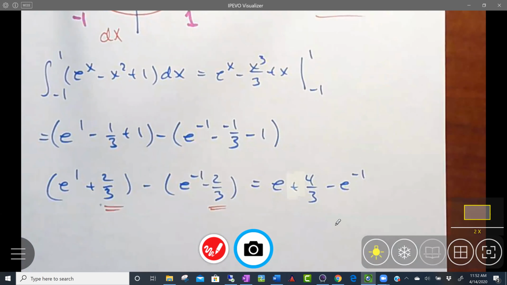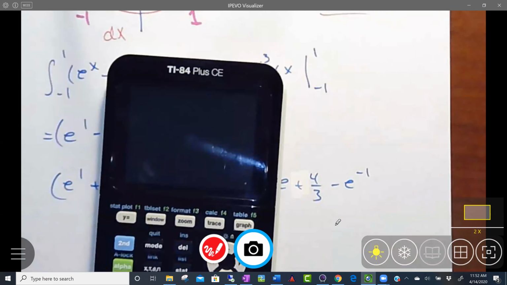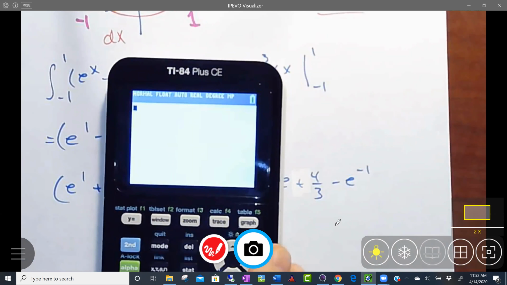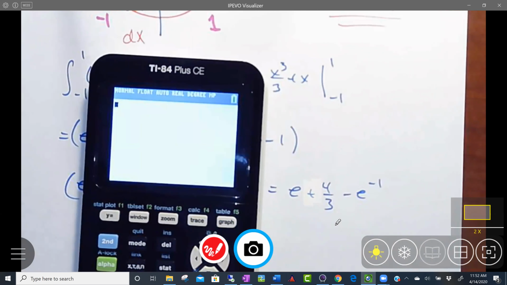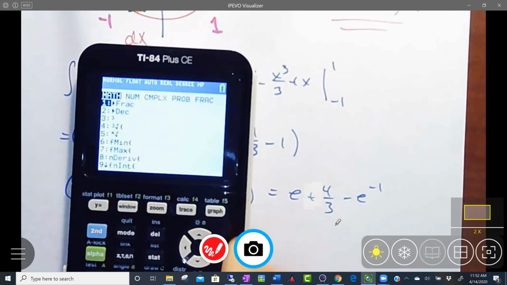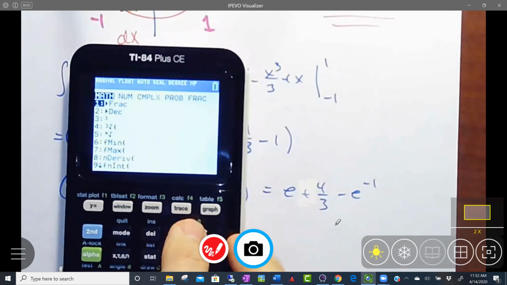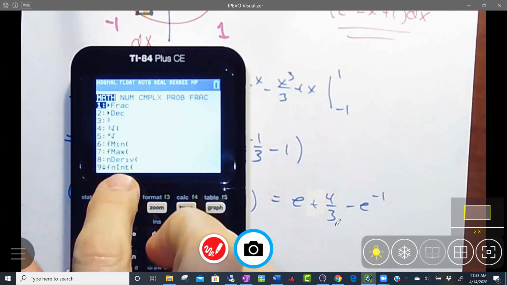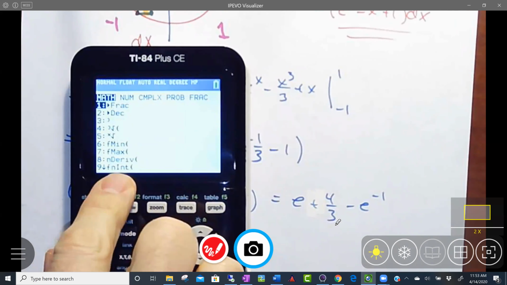Now, as an added bonus, let's see if I can do this. Can you see the calculator here? Yes. Let's compare things. Did I show this in my video or not? That you guys can do this numerical integration? I think I saw this in one of them. Okay. So 9 is function integrate.